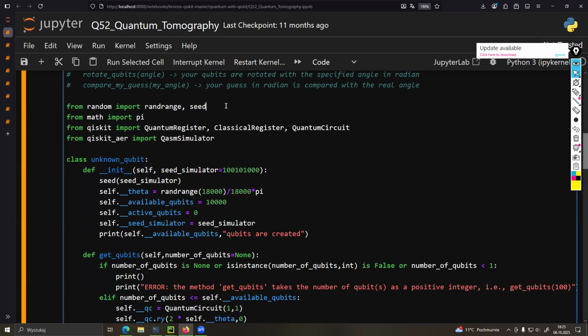This will help us randomize the angle that is picked during the experiment. This notebook involves an experiment with some random angle that you don't know at the moment.